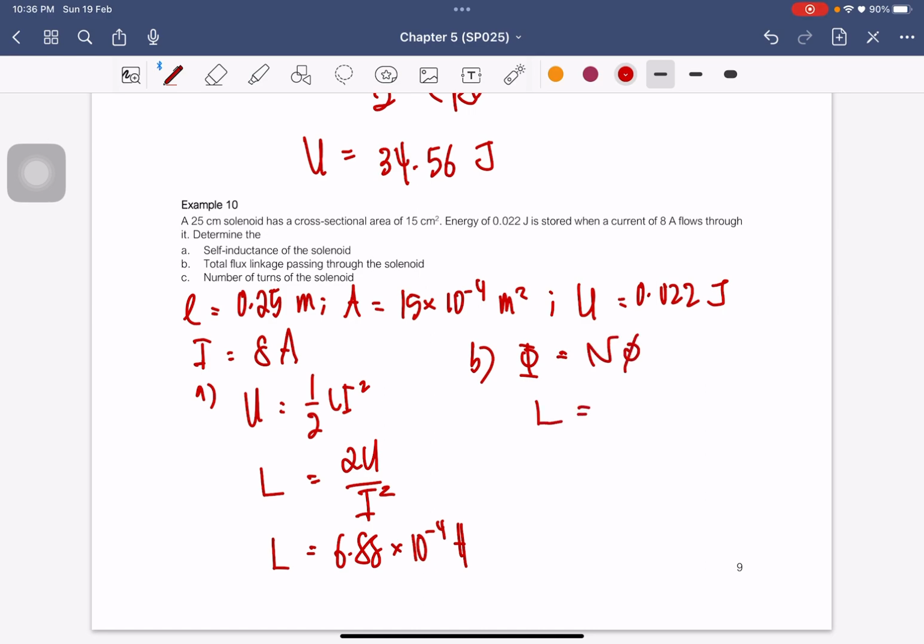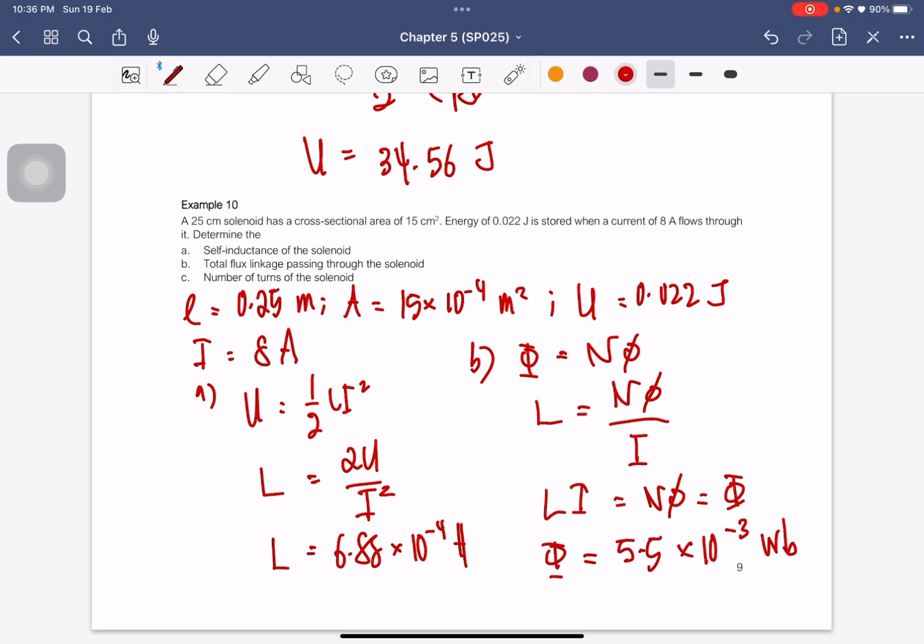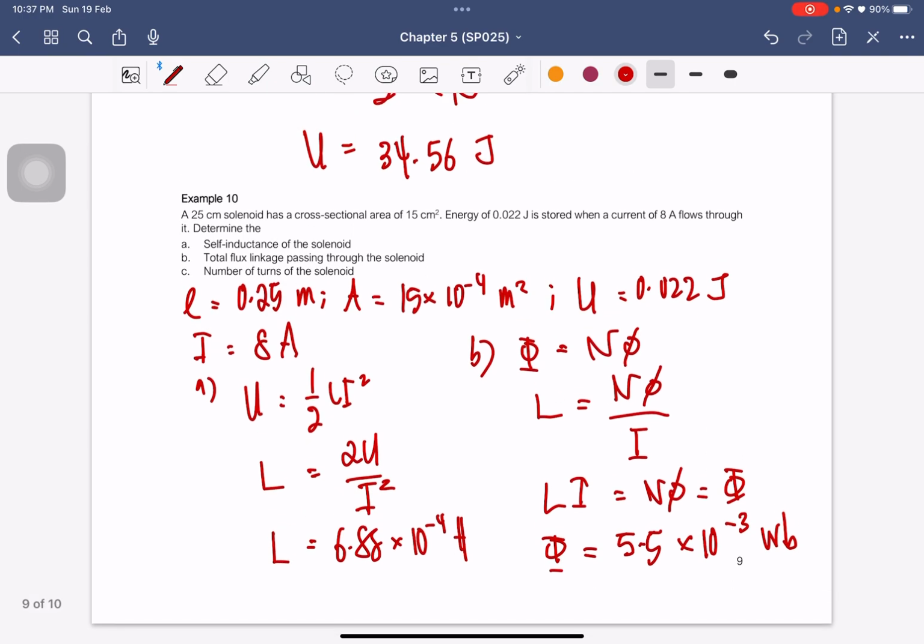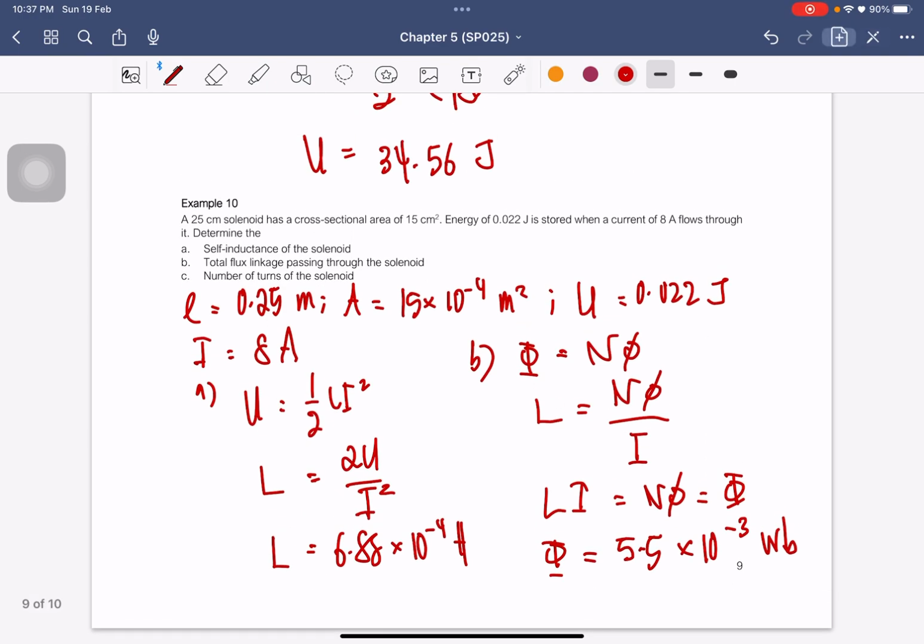And we know that L is equal to N phi over I. So Li is equal to N phi, which is the total flux linkage. So the total flux linkage is L times the current, which gives us 5.5 times 10 to the negative 3 Weber. Okay, so that is the total flux linkage.